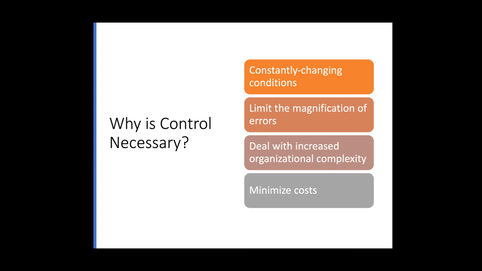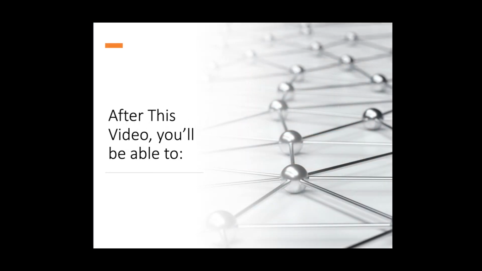Again, get back to the very first lecture, right? If you aren't making a profit, you're not keeping the lights on. And if you don't keep your costs under control, you'll never run a profit. For at least these four reasons, then, control is absolutely necessary to put in place.